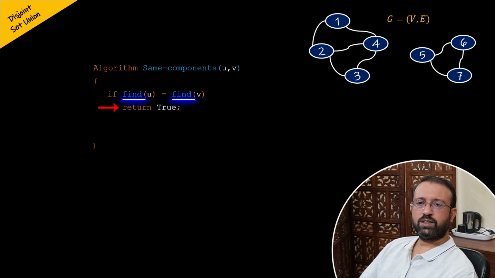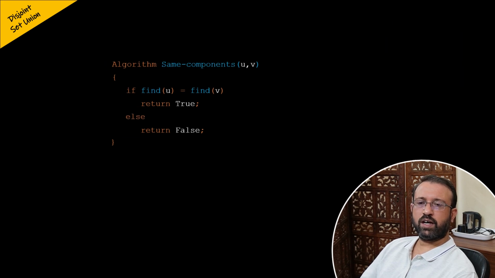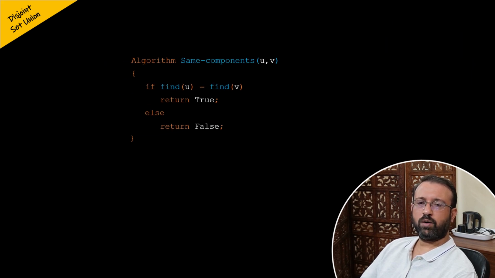That means vertex u and vertex v are in the same set and belong to the same connected component. Otherwise, we will return false. That means vertex u and vertex v are not in the same set and belong to different connected components. So this is the algorithm that uses the find operation to find whether vertices belong to the same connected component.